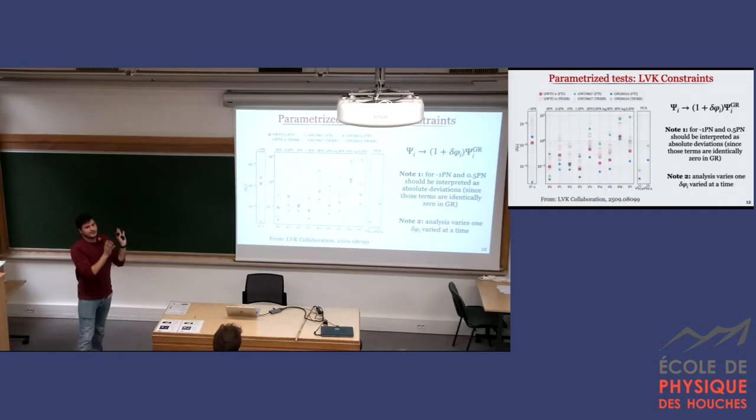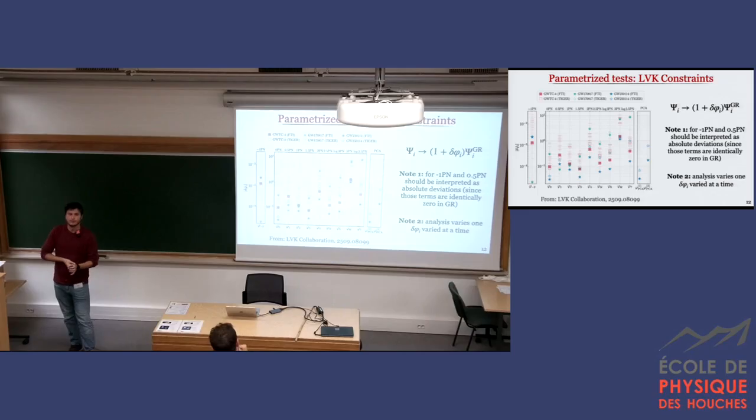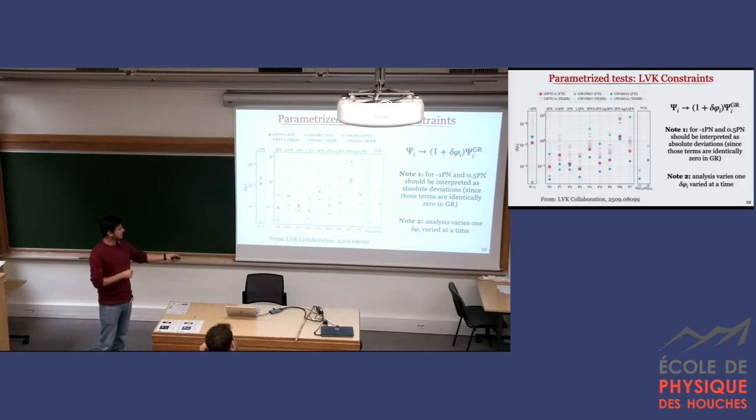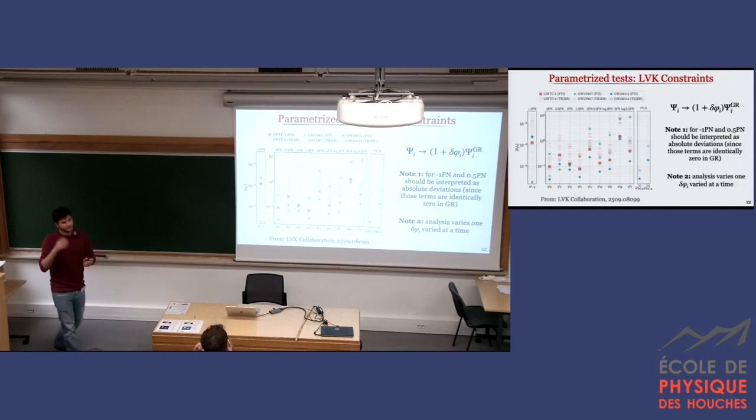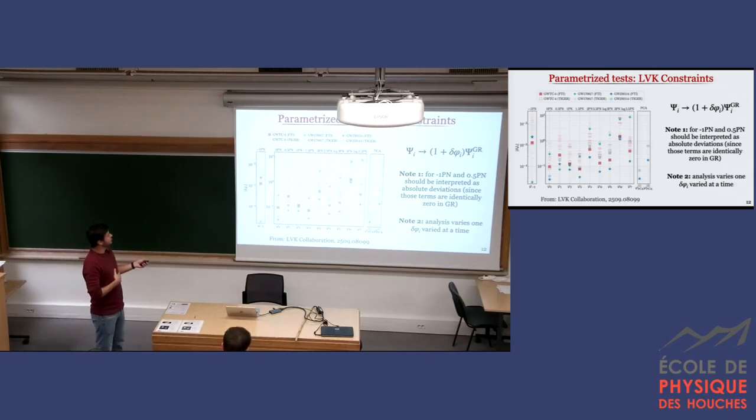So the LVK basically already does these tests where they add modifications to the PN waveform. So these are the latest results that they put in this paper. This is the paper of this large SNR event. And what this plot shows you is the constraint.